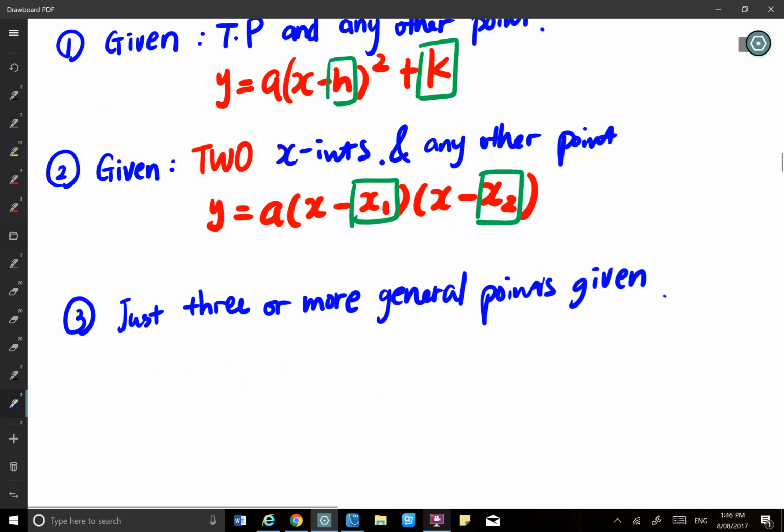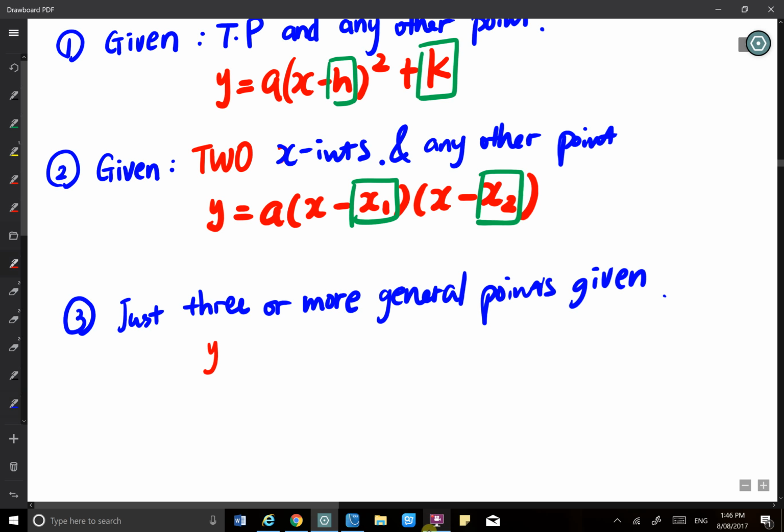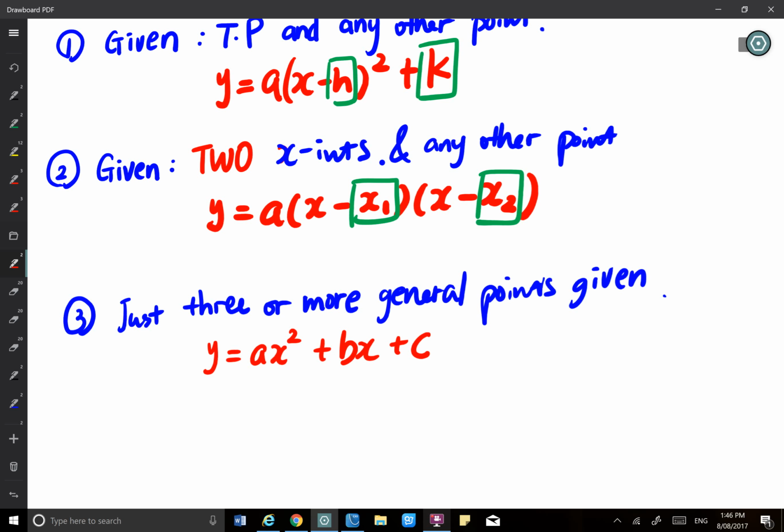So you need to have at least 3 points, and the equation we'll use is just the general form, ax² + bx + c. By substituting the points, we have simultaneous equations, and then solve.